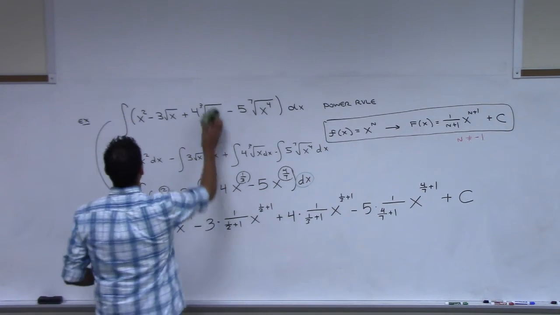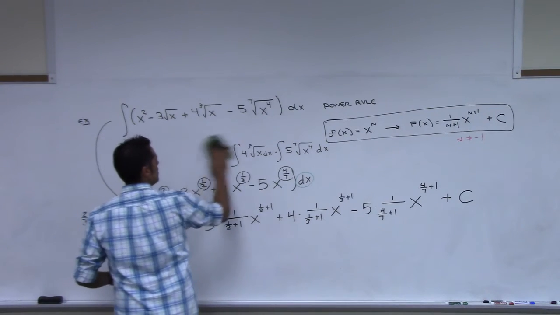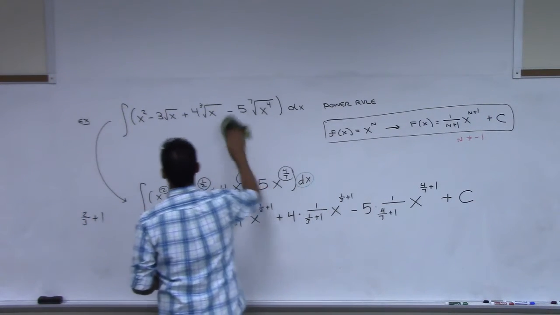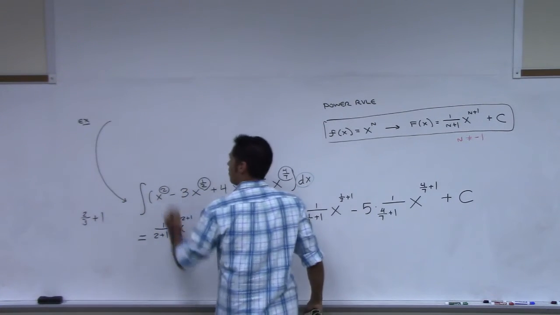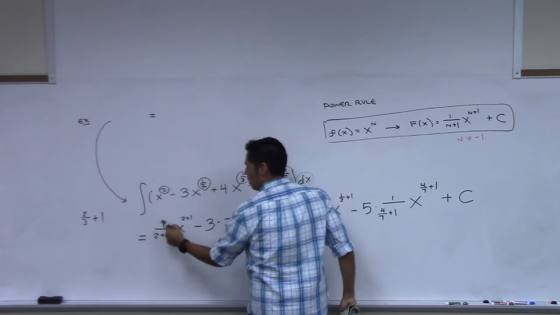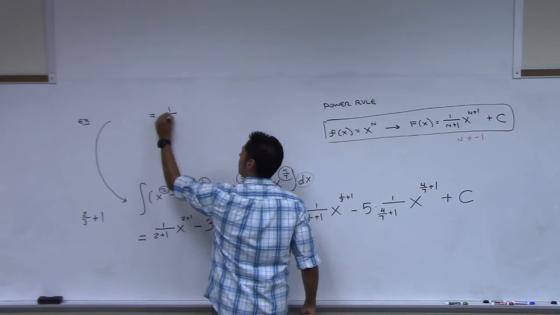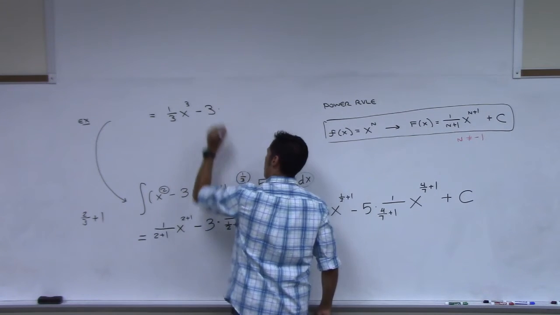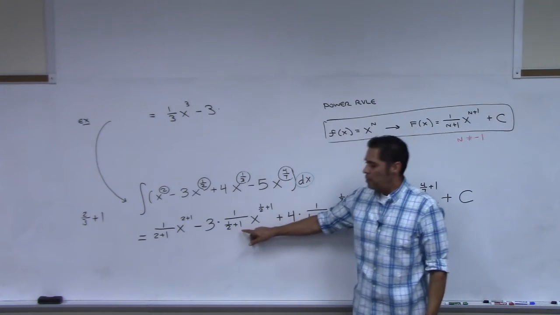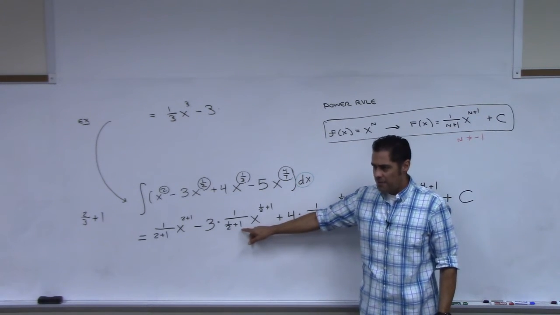All right, so let's go ahead and get this. I'm going to leave this one on the board. Okay, so let's see. What do we get here? This is equal to 1/3 x cubed. Minus 3 times. Now, 1 half plus 1 is 3 halves.